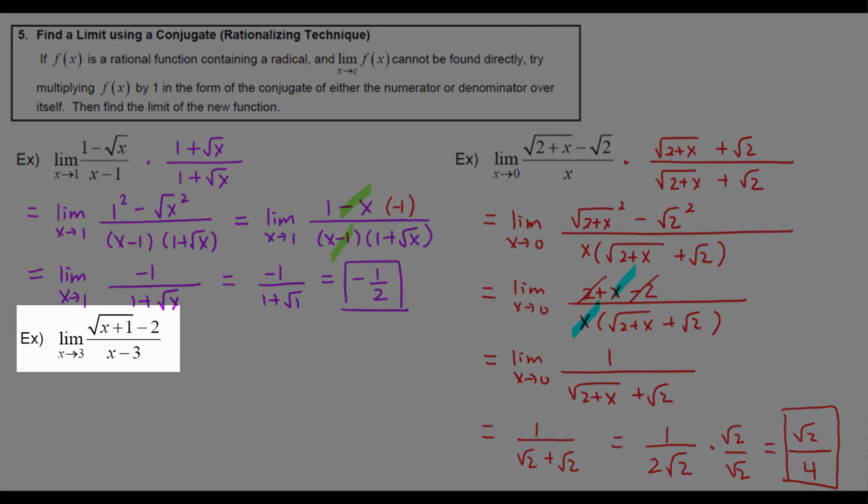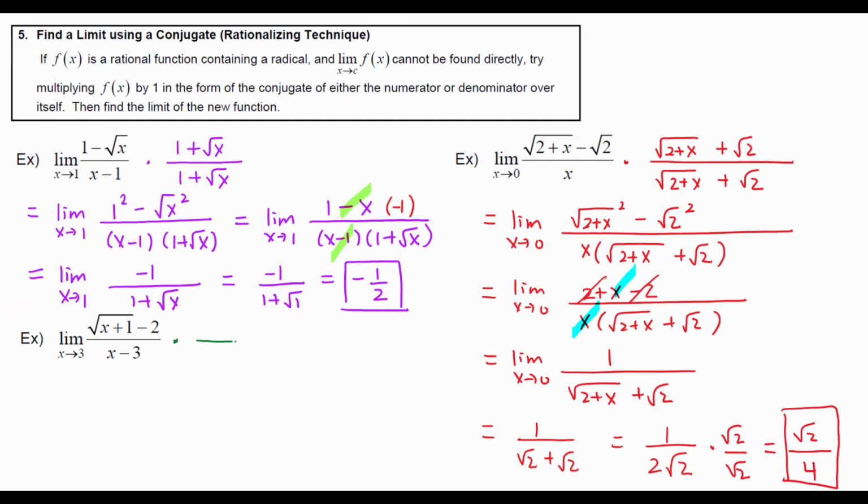Let's do one more. Limit of radical x plus 1 minus 2 over x minus 3 as x approaches 3. Again, you will multiply by the conjugate, and the conjugate of radical x plus 1 minus 2 is radical x plus 1 plus 2 over radical x plus 1 plus 2.